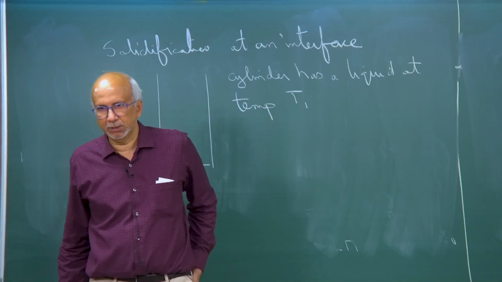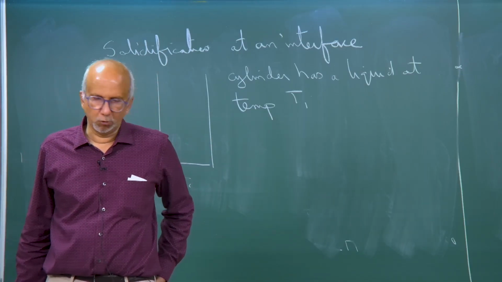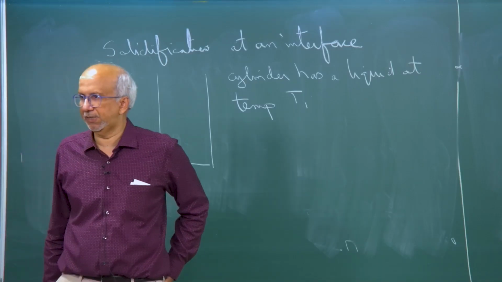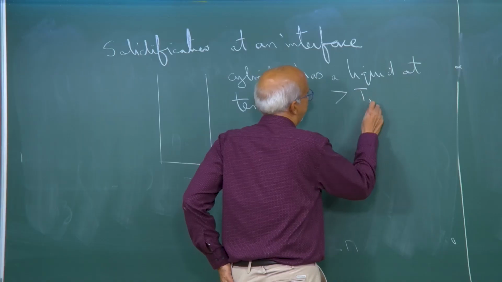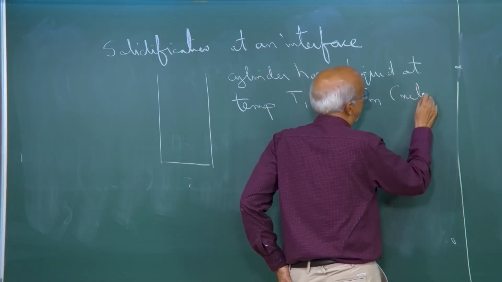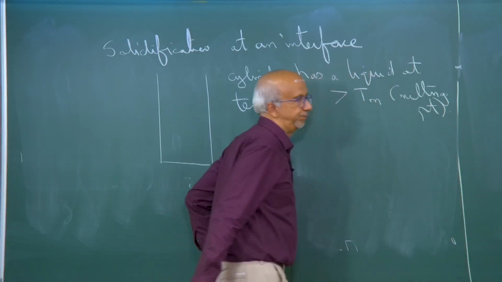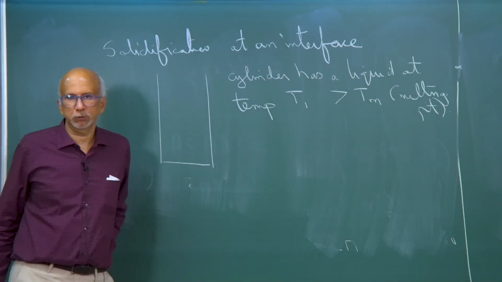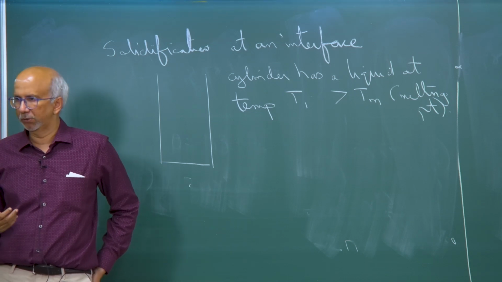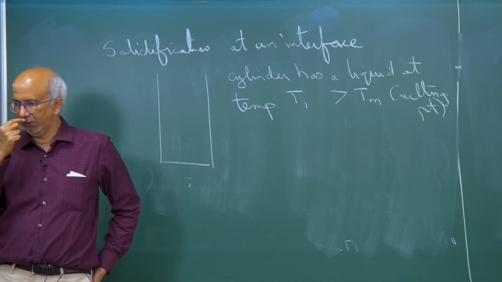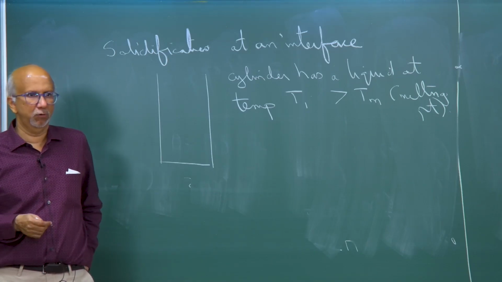Because it is a liquid, it has to be more than the freezing point. This temperature T1 must be greater than Tm, the melting point. So, Tm is the melting point of the liquid or the freezing point. Tm is the freezing point for water, 0, for example. So, this is liquid at more than 0 degrees.